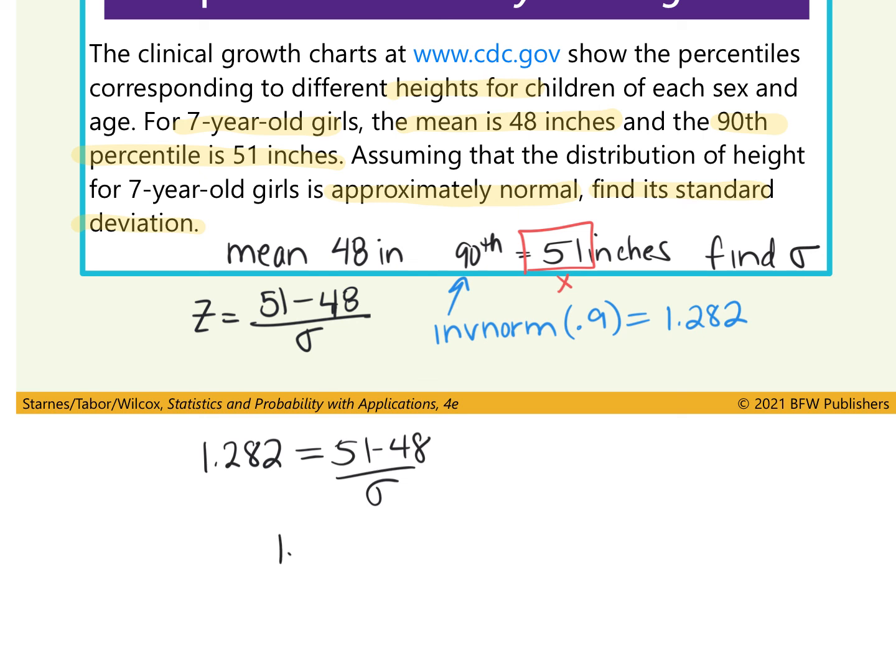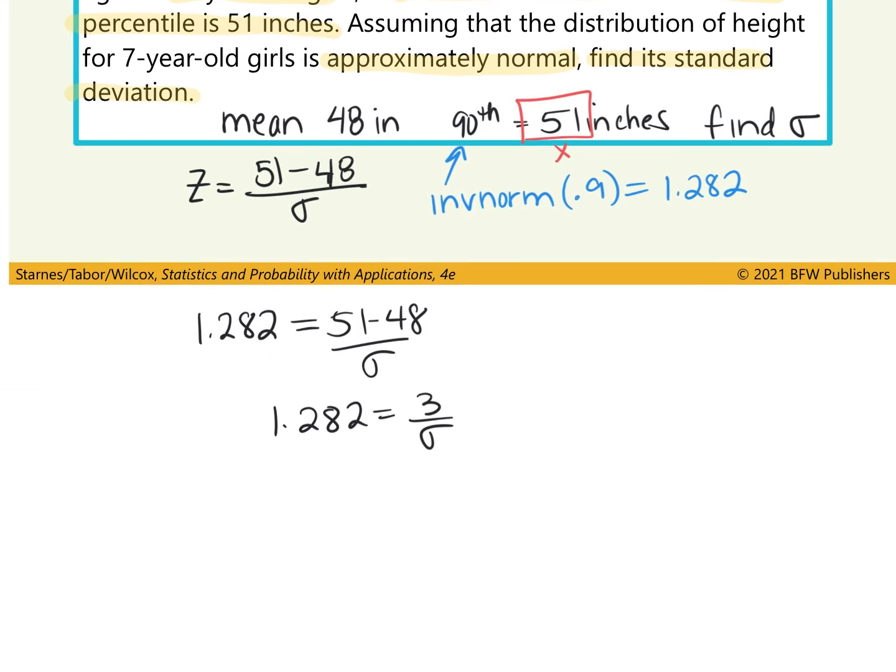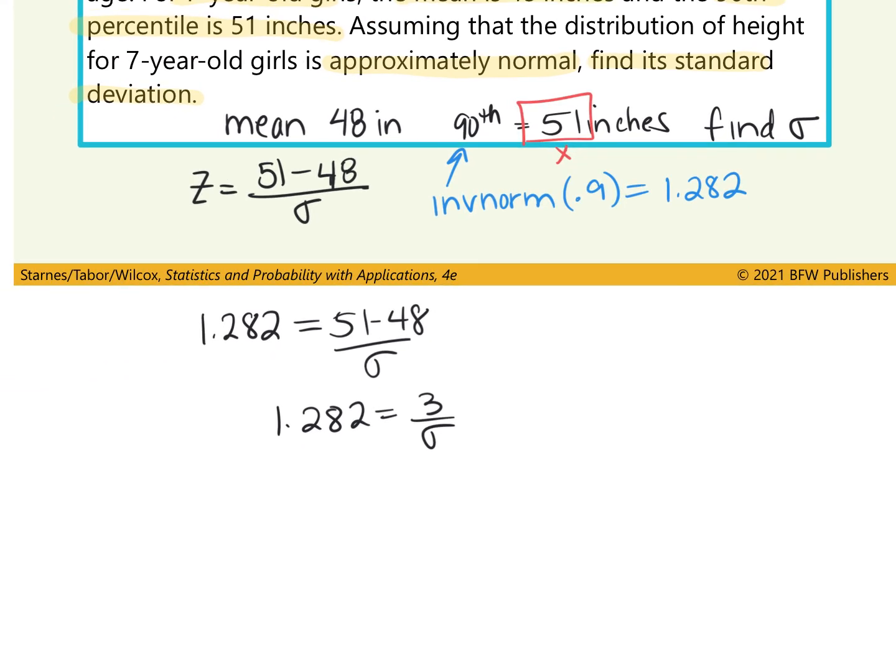So that's just 1.282 equals 3 divided by sigma, right? We're going to multiply by sigma on both sides. So 1.282 sigma equals 3. And divide by 1.282.